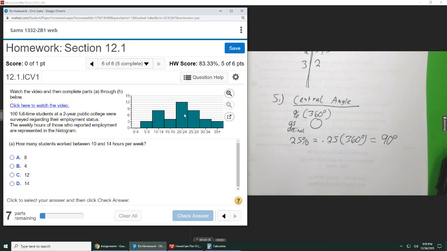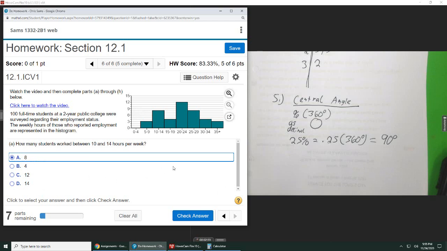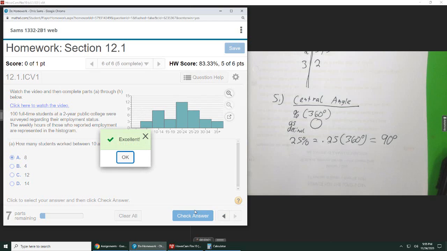We want to know how many students work between 10 and 14 hours. You have a bar graph right here. It says 10-14. If you go up to the height, it looks like 8. So 8 students work between 10 and 14 hours.